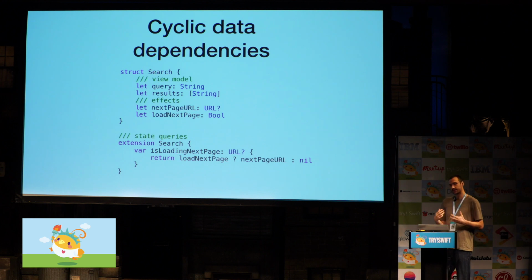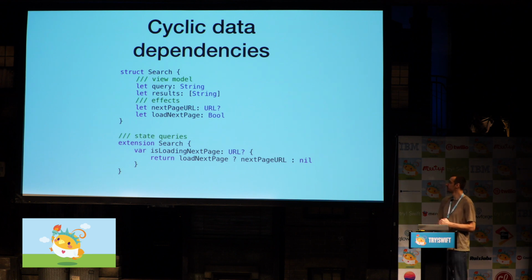There is a circular data dependency there, because if you're using, for example, the GitHub API, you get a URL of the next result set, and it's stored somewhere in some state. Then you use that URL to make an API call. Then you get the new URL, and you somehow have to replace it with the old one. So that's a cyclic data dependency. It looks like a lot of problems are really similar to that one.